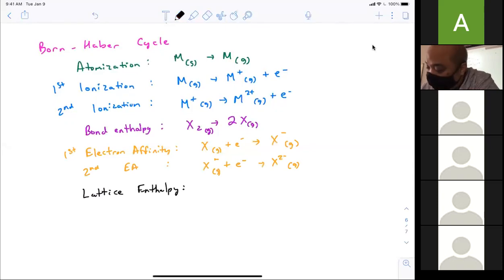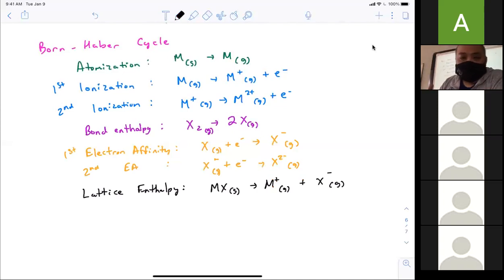And lattice enthalpy, going from this to this. I should also say that M and X are metals and nonmetals, respectively, but the charge on these examples, like for lattice enthalpy, is just generic. Like X could be a 2 minus, M could be a 2 plus. I'm just doing the most simple form of it, and we'll see how that works.